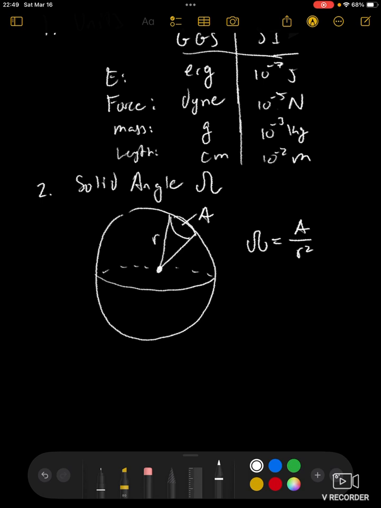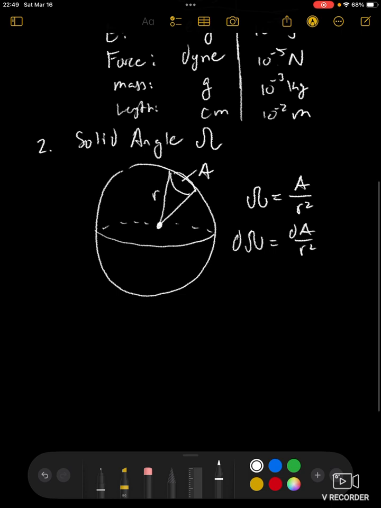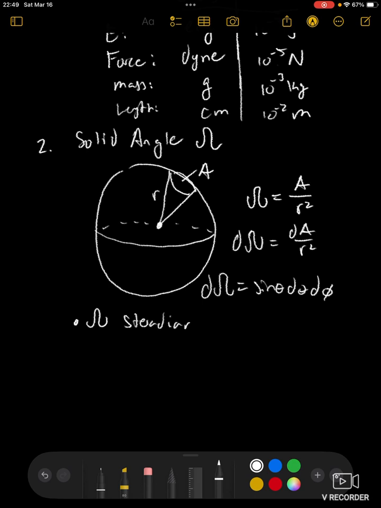If you put that in differential terms, the solid angle is dA over r squared. And in easier differential terms, it's sine theta d theta d phi, the solid angle is equal to this. It's measured in steradians, which is interesting.